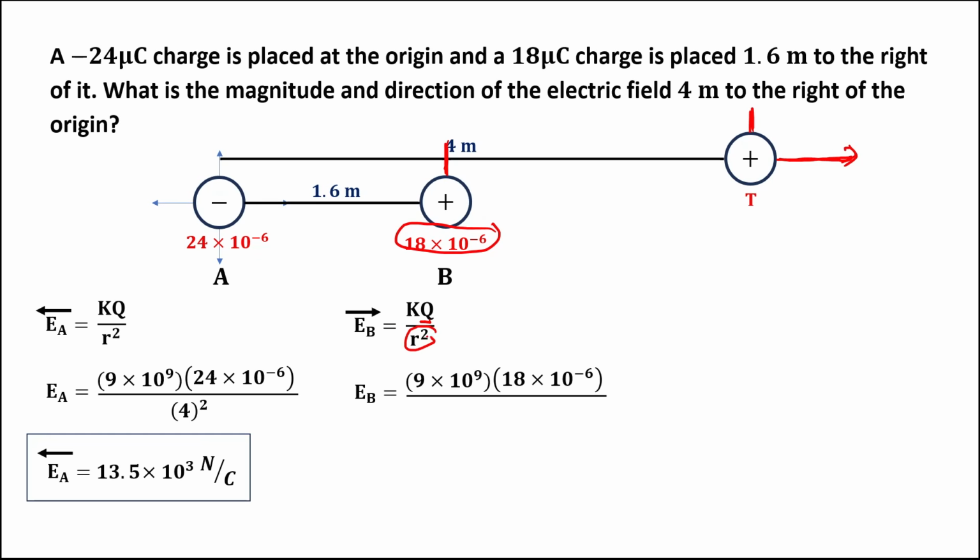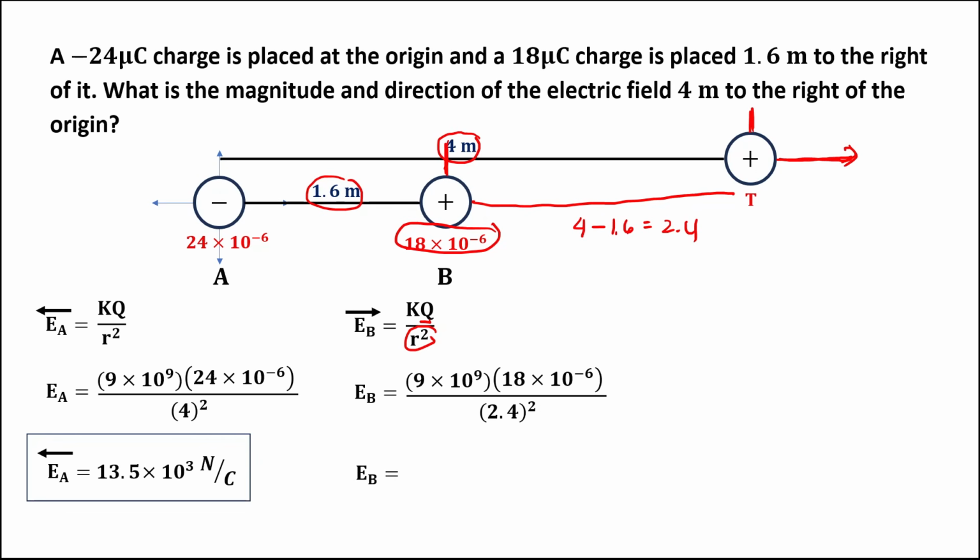Then for the range from B to the test charge, since this one is 4 meters and this one is 1.6, this is 4 minus 1.6. So the range from B to the test charge is 2.4. So the range is 2.4 to the power 2.